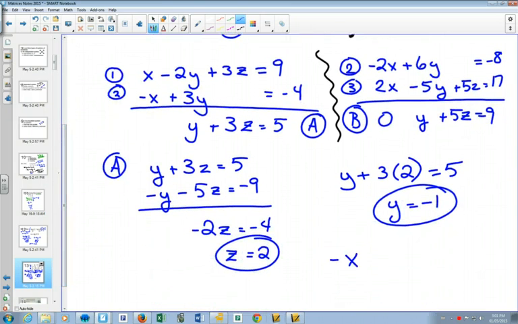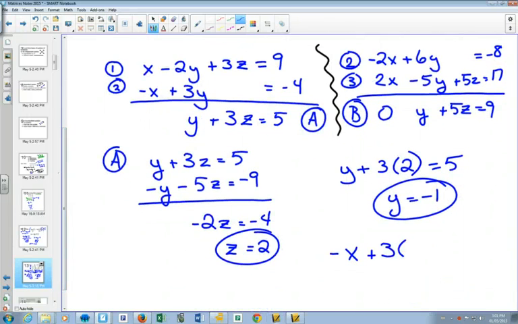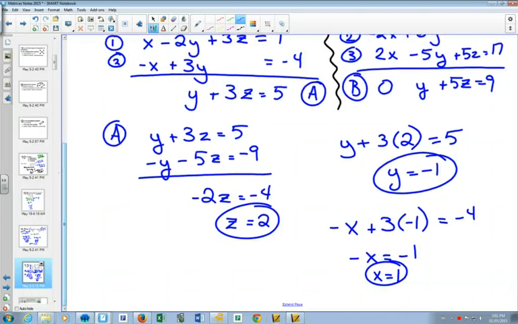So 2, -x, you don't even have to use what z is in this one, plus 3y, plus 3 times -1 is equal to -4. x is equal to, add 3 to both sides, -1, so x is equal to 1. So our solution: each of these things that we were working with were planes in 3 dimensions, and all 3 of them intersected at one point, and that point where they intersected was (1, -1, 2).